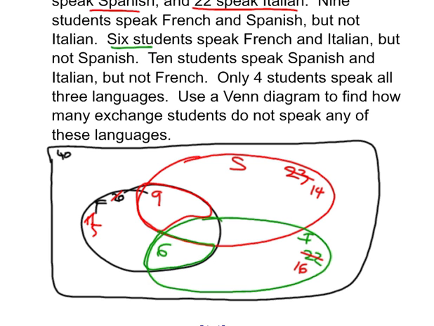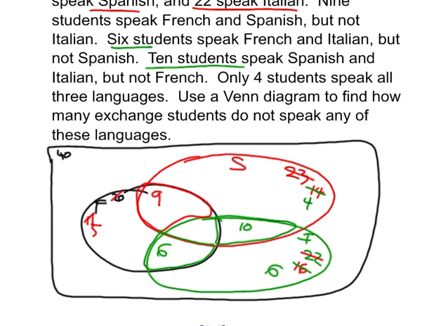The next bit of information that they give me is that there are 10 students that speak Spanish and Italian, but not French. So Spanish and Italian, but not French, is that little portion of the circle. And it's 10 students, so I'll put 10 students in that square, but I have to reduce this down from 14 down to 4, and this from 16 down to 6.